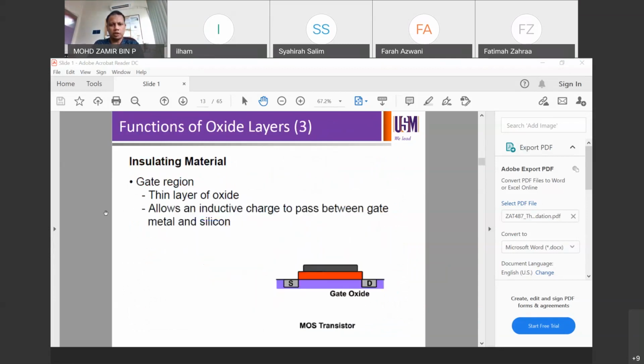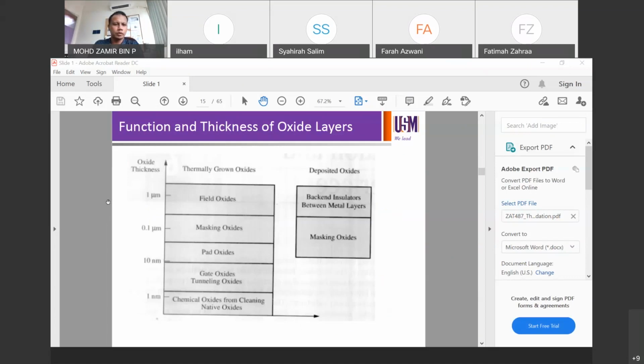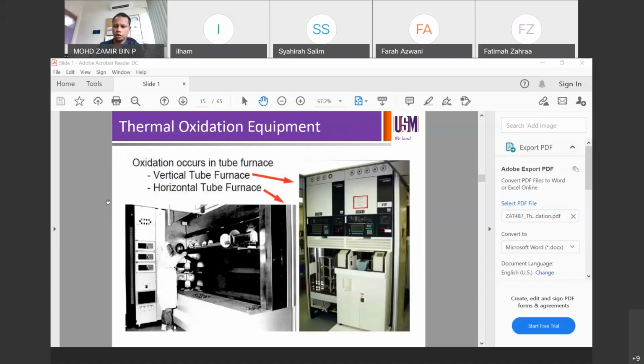So how many types of thermal oxidation can we do to be able to grow our oxide? How many types can we do? Two, okay. Name them. What are the two? Wet and dry, okay.